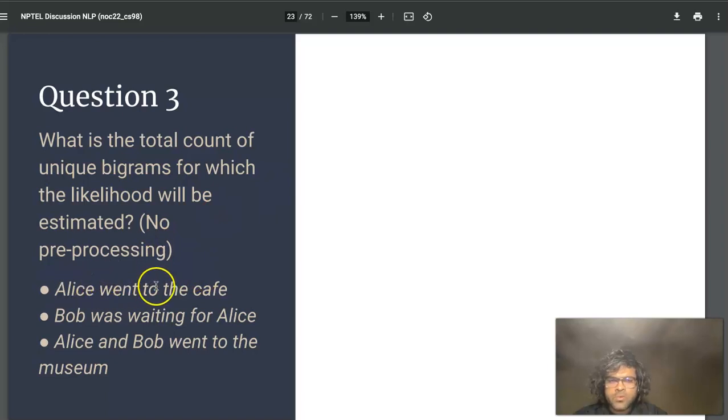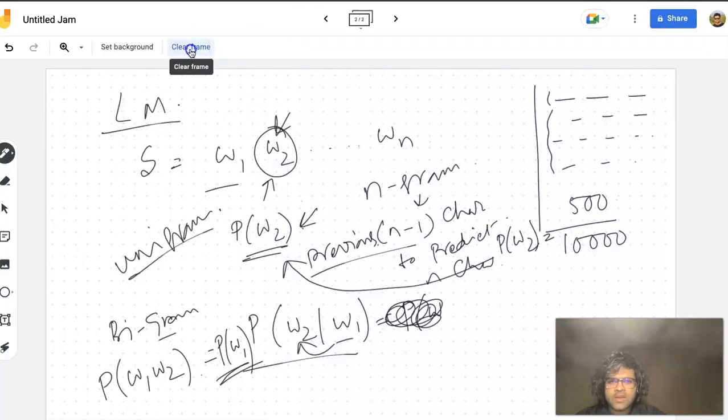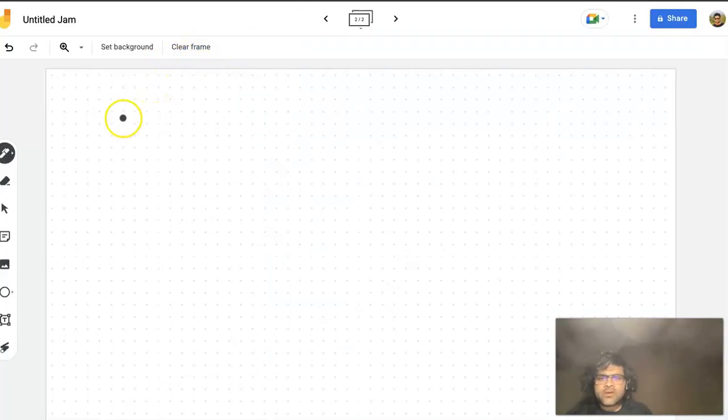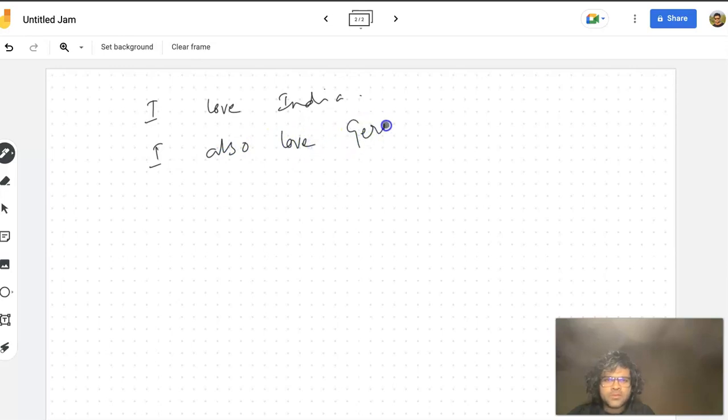It's a very small corpus. Can you just give me the number of unique bigrams for this? Before doing that, just a clarification. Suppose I have a corpus with just two sentences: I love India, and I also love Germany.